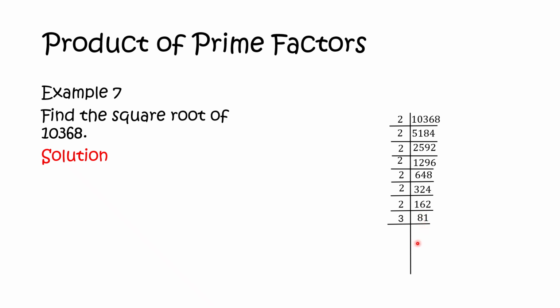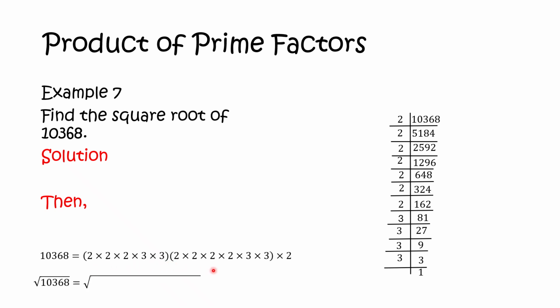This time around, we introduce a 3 because we can no longer divide 81 with a 2 without leaving a remainder. So by 3, we get 27. By 3, we get 9. By 3, we get 3. By 3, we get 1. So we have all of our factors. We group the ones that are repeated and leave out the ones that are not repeated.